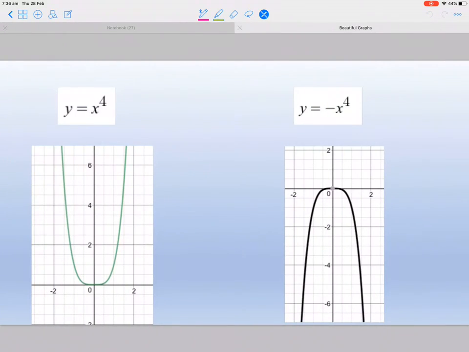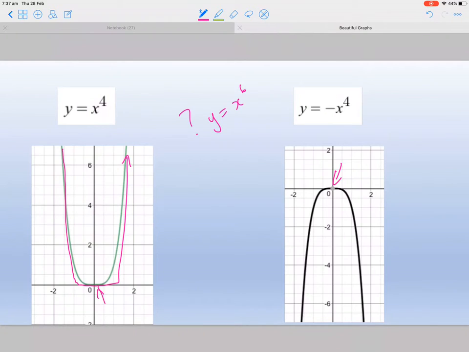x to the 4. Now, x to the 4 looks just like a parabola, but it's just a bit fatter down here, okay? And the negative one goes in the same vein that a parabola would look like. What do you think y equals x to the 6 will look like? If you think it will look like a parabola, but even flatter, you're 100% correct, okay?